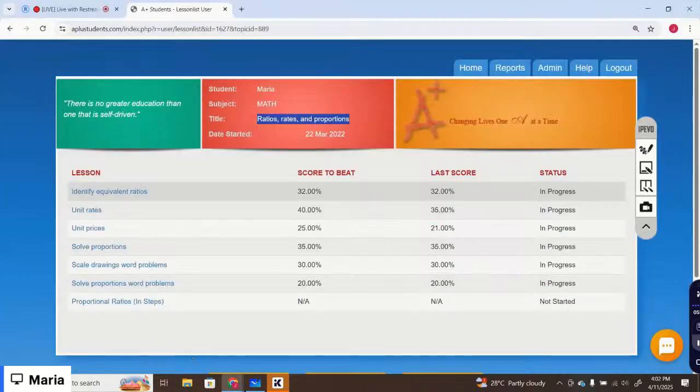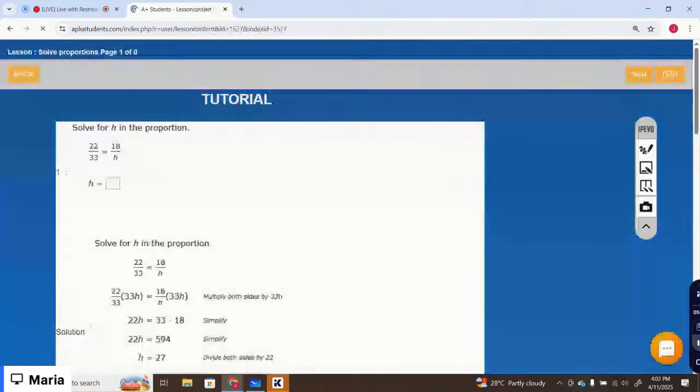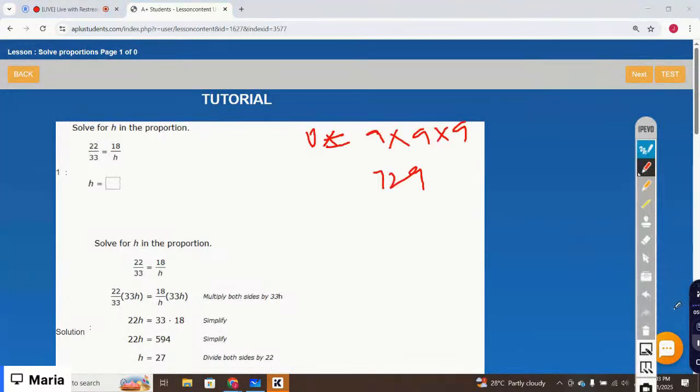Grade 9 math. Let's start with the lesson that is solve proportions. Solve for h in the proportion. 22 divided by 33 equals 18 over h. So you have to do the cross multiplication. 22 times h equals 18 times 33.